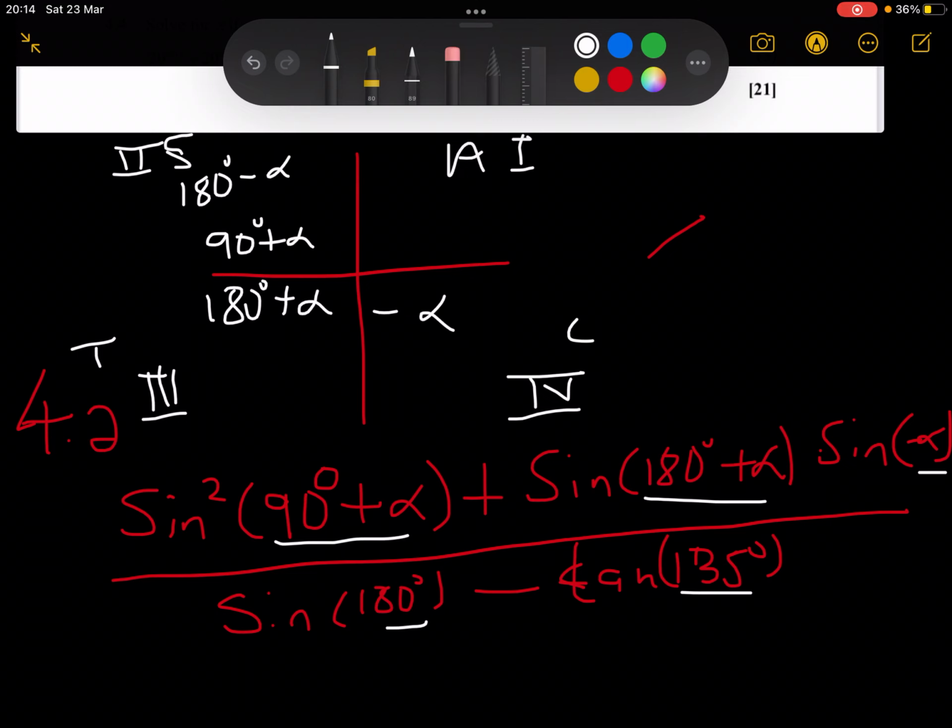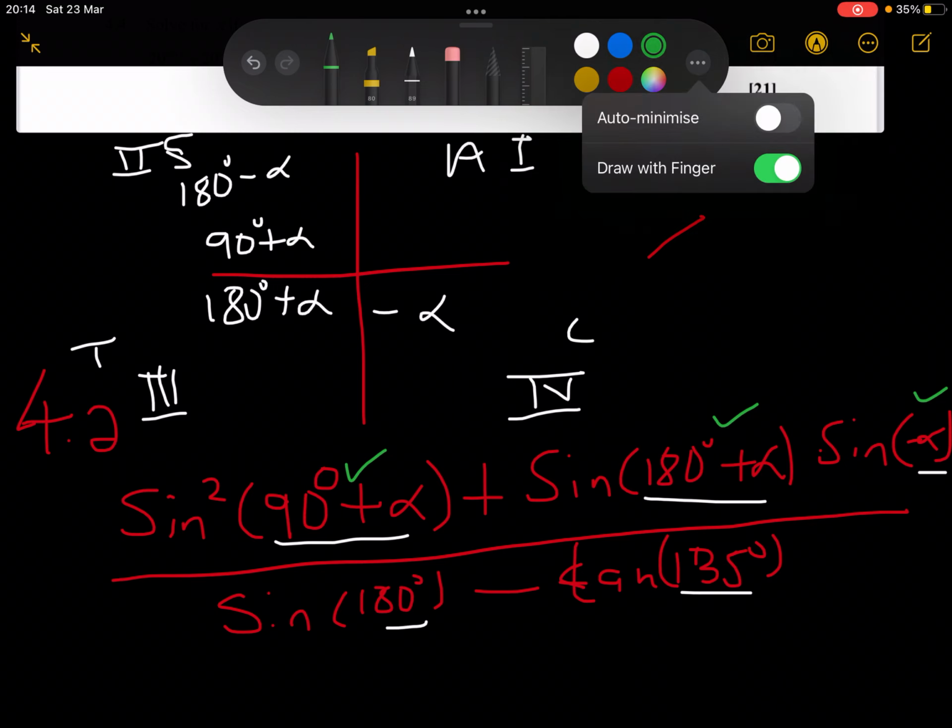How is that going to help us? First things first, we need to identify that this is a cofunction. This is reduction formulae or negative angles. This is just sine 180, which can be simplified, and sine 135 has to be taken into account before you delve into everything in here. Now, let's work out what we need to do.